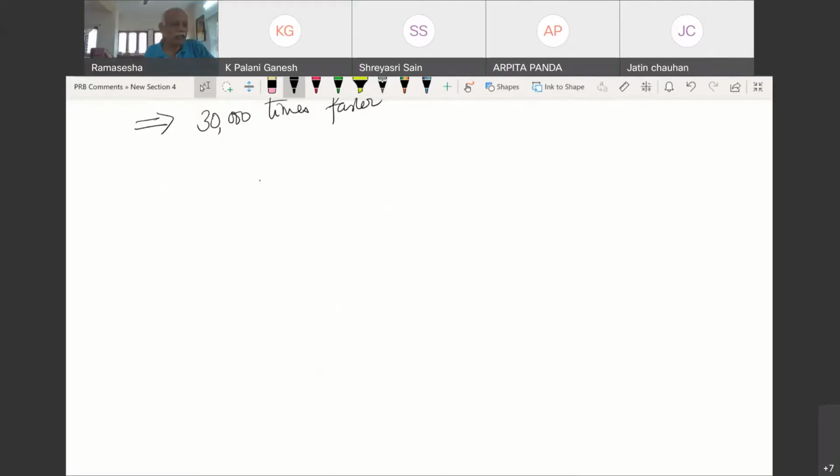Now let us see how we can do that. In order to do that, let me write down how it works. So suppose I'm looking at the Fourier transform of a function f of x, which is split into f j, j is equal to 0 up to n minus 1.